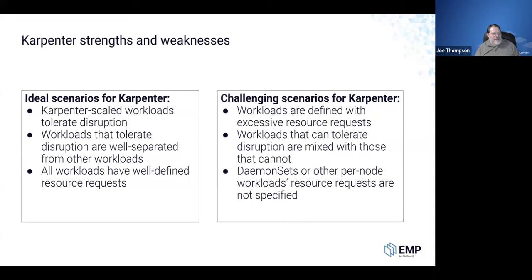It will happily scale up the amount of resources you need for that massively overspecified workload, and then you end up paying for those resources. That's not Karpenter's fault. What else can it possibly do? It doesn't know what the workload is actually going to use. It just knows what the requests are, and so it does its math based on requests.